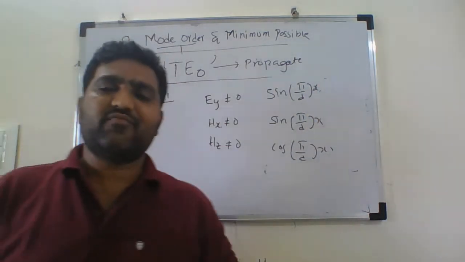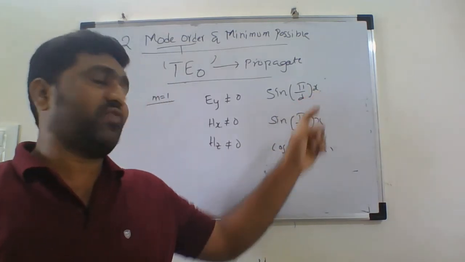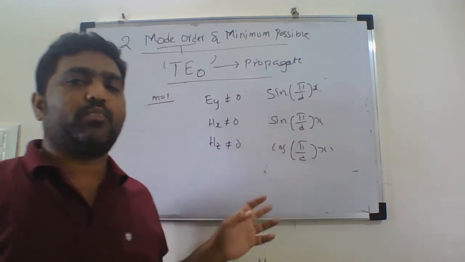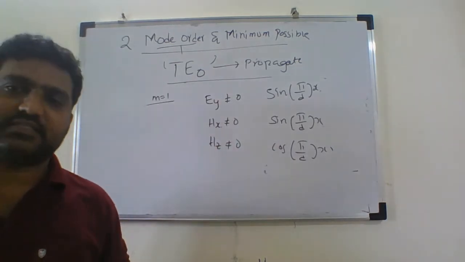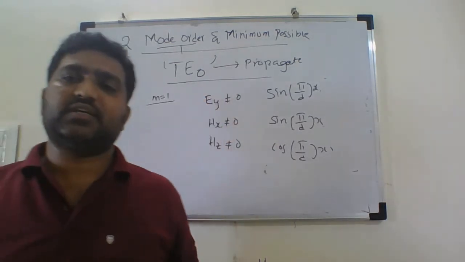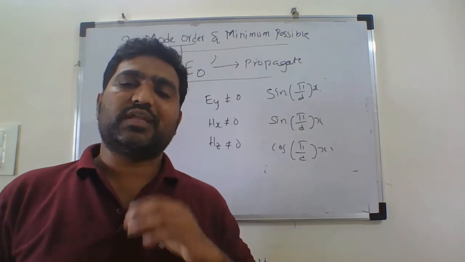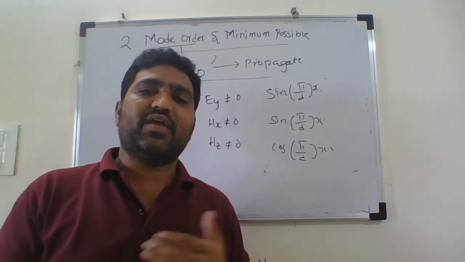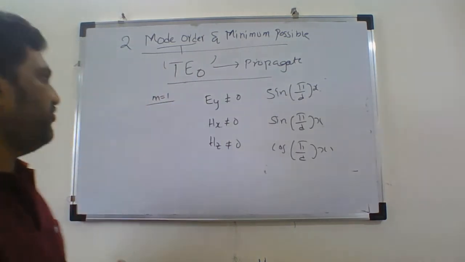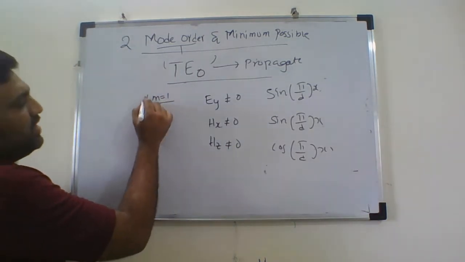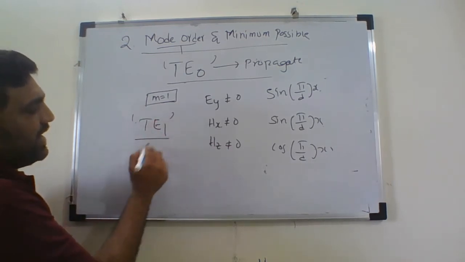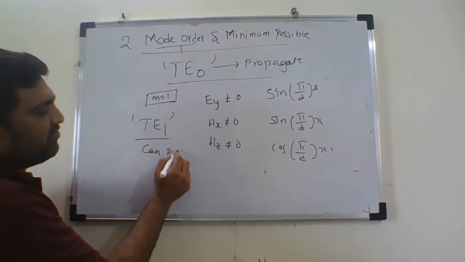So there will be some variation. Depending upon the x value, there will be a sinusoidal variation of all these components along the x-axis. So all of them will exist, which means there is a wave. There is a variation of these components, and the wave exists. Therefore m equal to 1, that is the TE1 wave, can propagate through the waveguide.